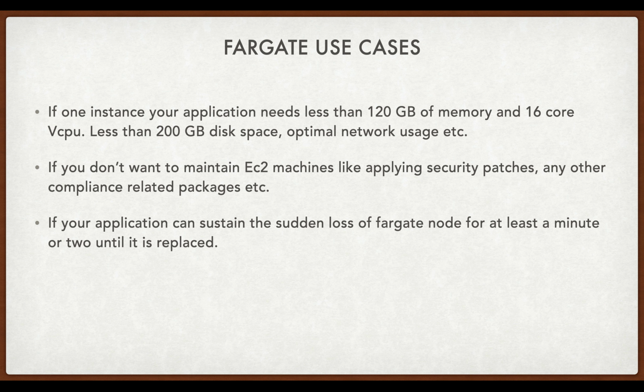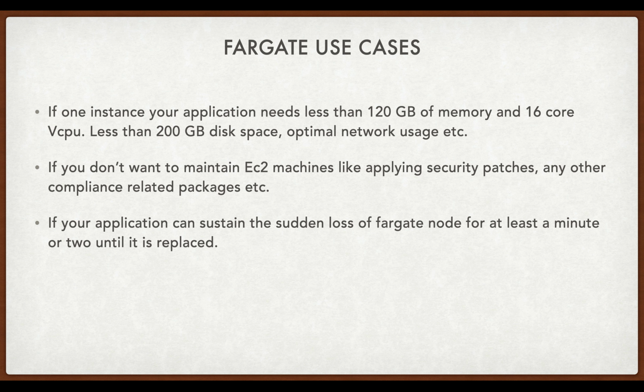If your application can sustain the loss of a Fargate node, so understand that these Fargates are basically the ECS containers that are running on EC2 machines only. But these EC2 machines are not managed by you, they are managed by AWS itself.